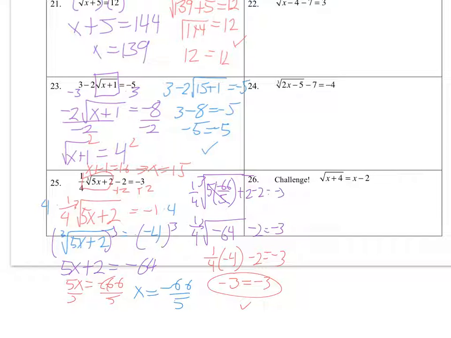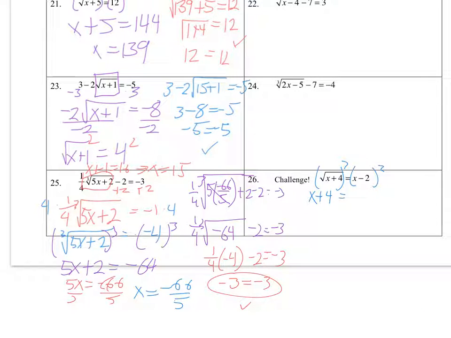Finally, I'd like to look at number 26, just to give us a glance at a challenge one. Here we've got the square root of x plus 4 is equal to x minus 2. Let's square both sides. On the left, that gives us x plus 4.